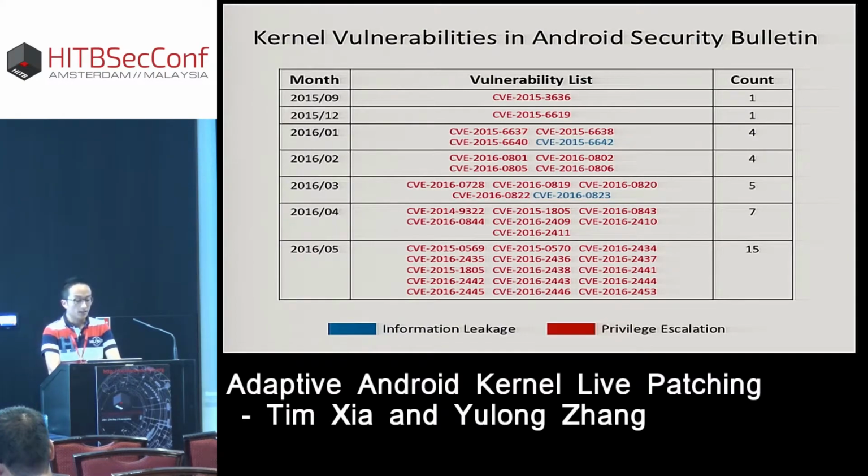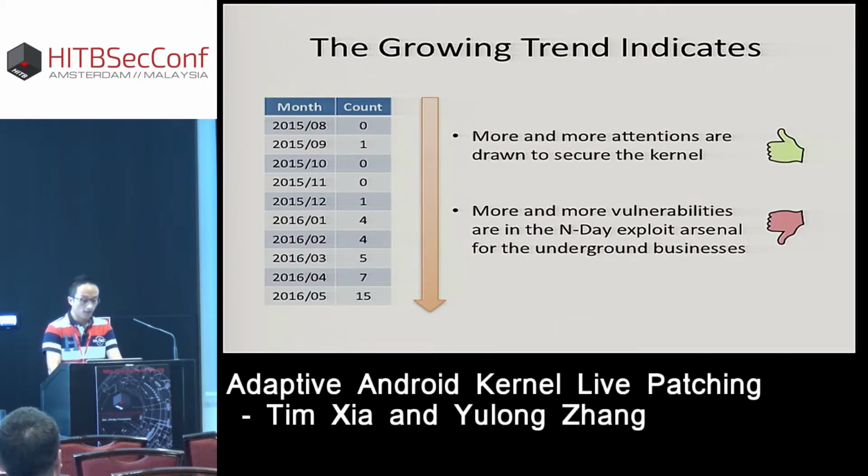So here is the list of recent kernel vulnerabilities reported in the Android Security Bulletin. You can see that the number is increasing. The red ones are privilege escalation bugs, and the blue ones are information leakage bugs. So you can see that most of the bugs are privilege escalation bugs, which is severe. And from the growing trend of the number, we can draw two conclusions at least.